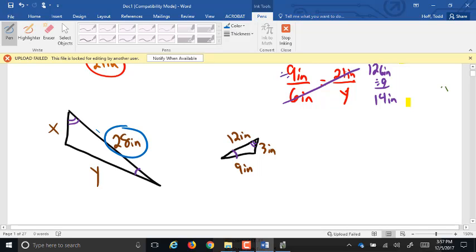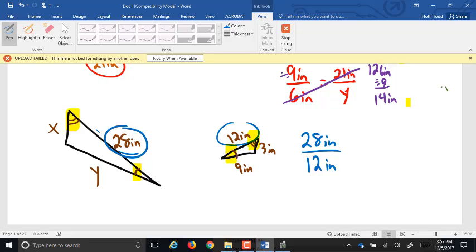Since 28 is the only length I know in this triangle, I have to use the 28. What side corresponds to it from the other one? The 12. The way we know that is the 28 is between those two angles we compared. The 12 is between the same two angles. So they have to be corresponding sides.